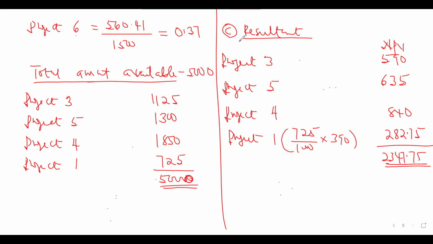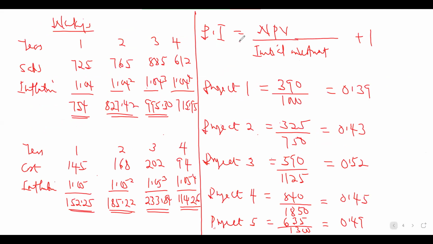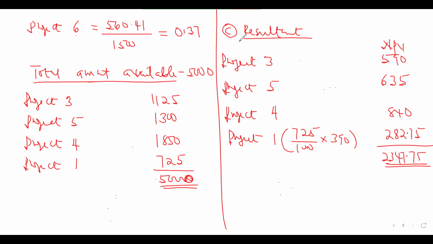On capital rationing, they have examined the theory part where they ask about capital rationing. But if they want to do the capital rationing, this is how it will be examined, and the factor will always be the NPV.